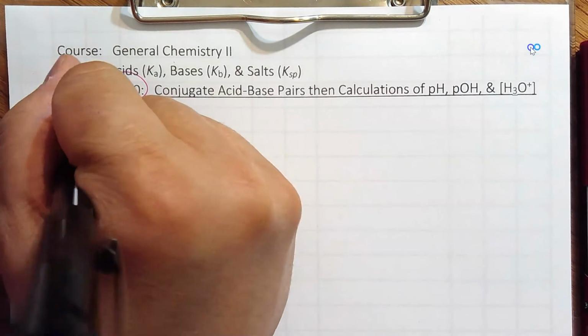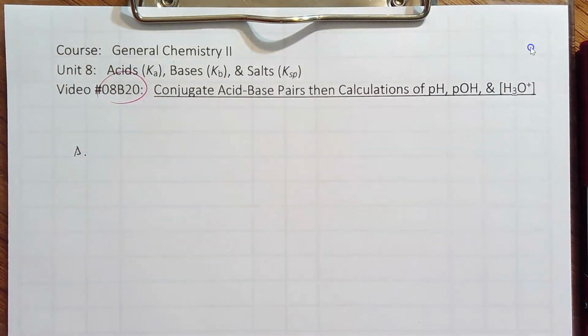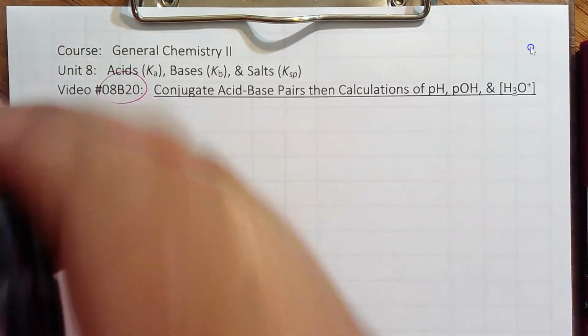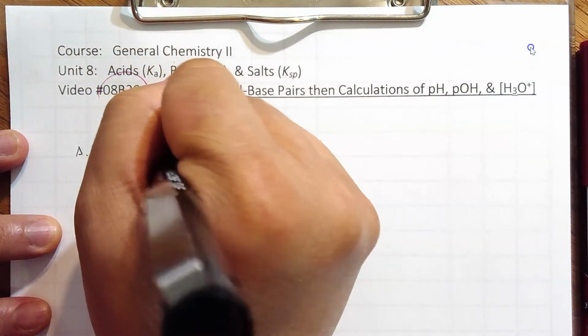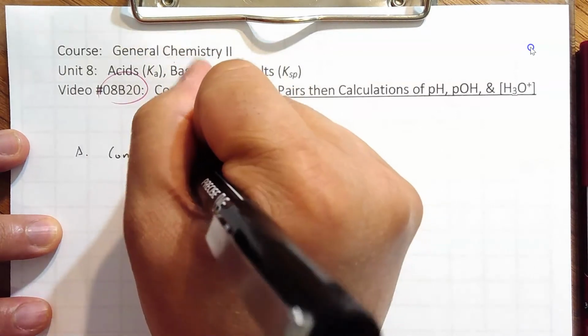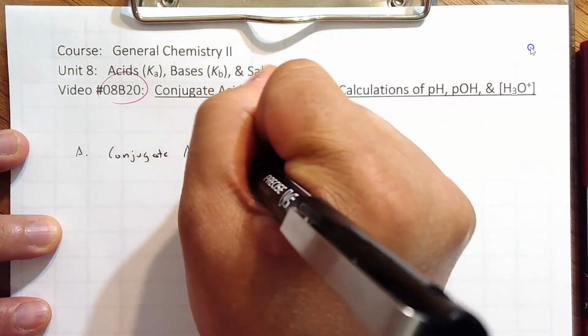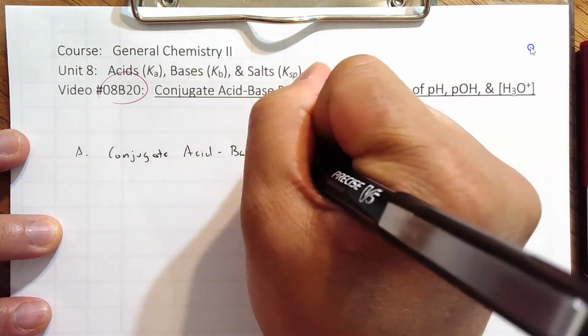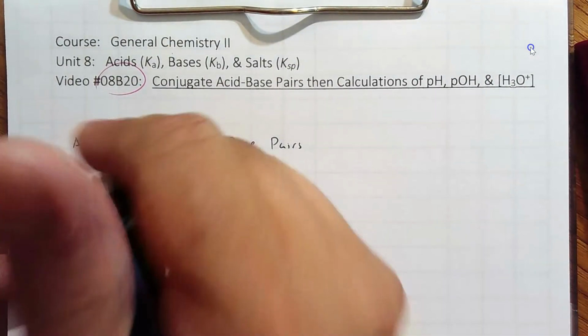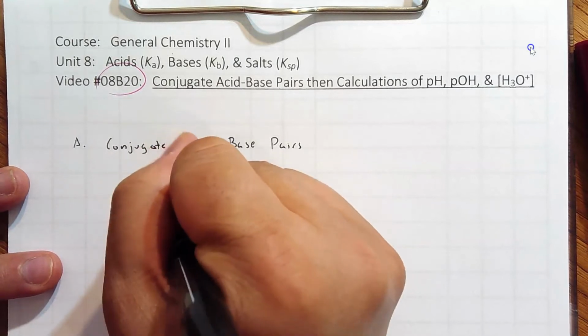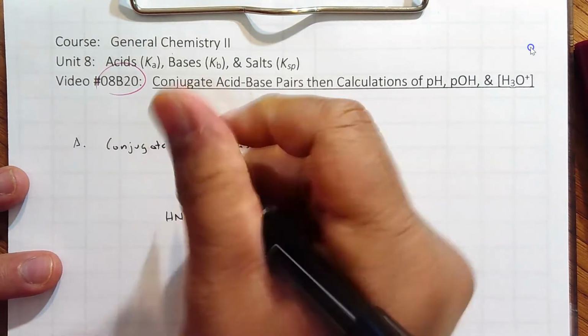Part A, conjugate acid and base pairs. Let's take a strong acid, nitric acid, HNO3.